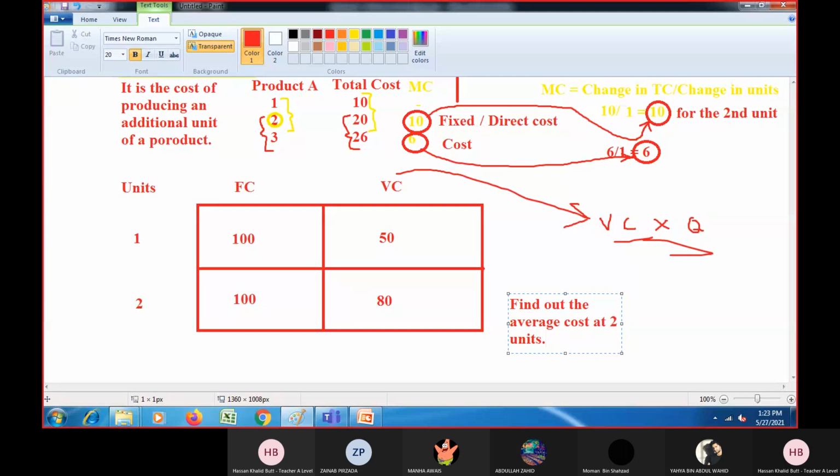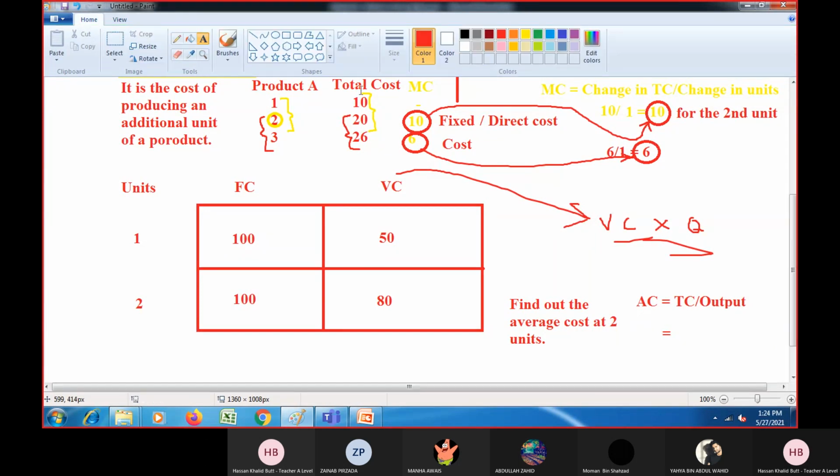So you have to find it out using the formula of average cost. And what is it? Average cost is equal to total cost divided by output. And what is the total cost? Now you have to find it out. Total cost is the sum of fixed and variable cost. You remember.